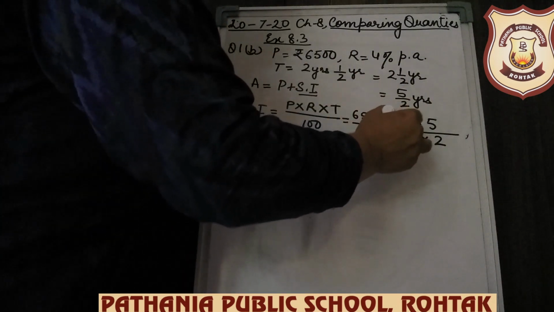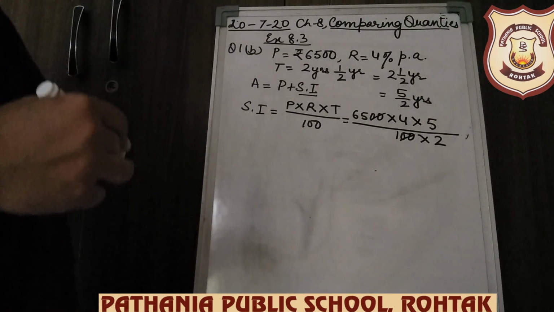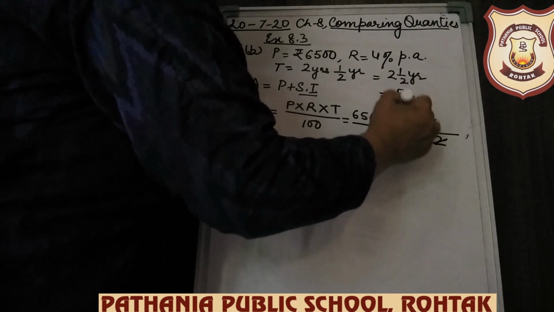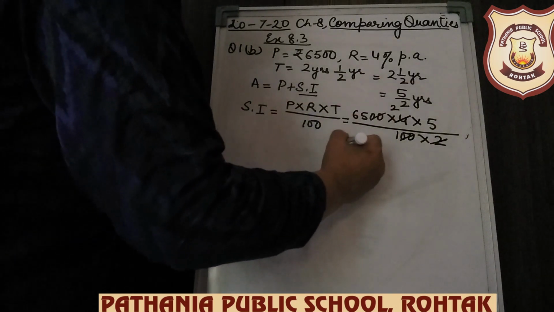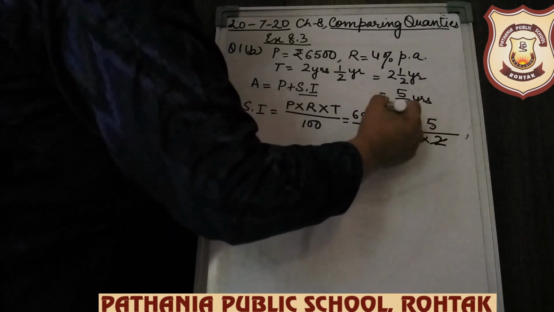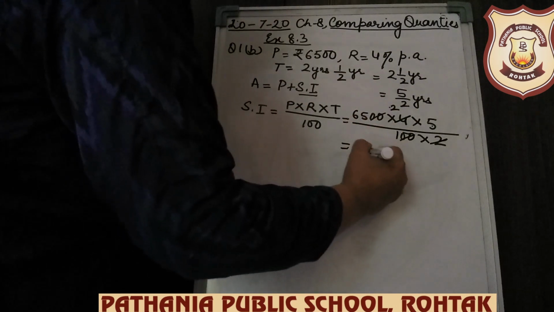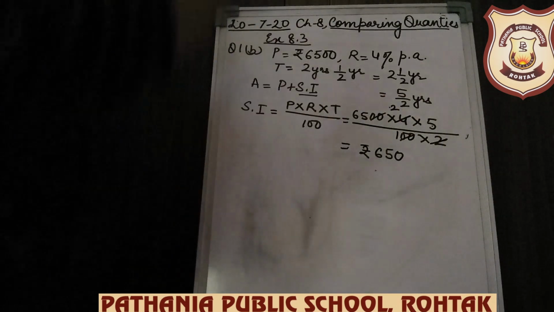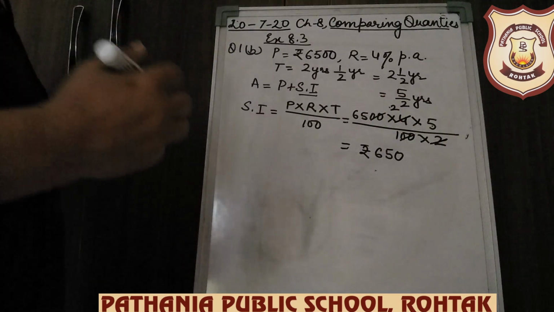Now these two, they will get cancelled. 2 2s are 4. Now 5 2s are 10 multiplied by 65. So this becomes rupees 650, which is your simple interest.